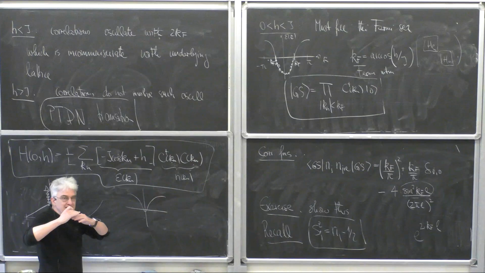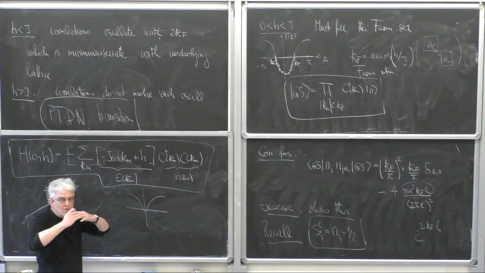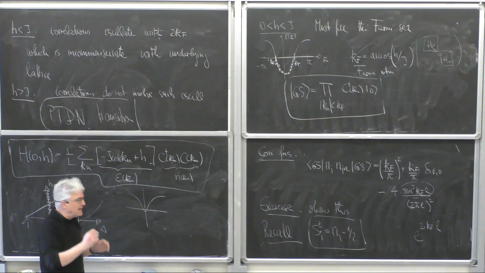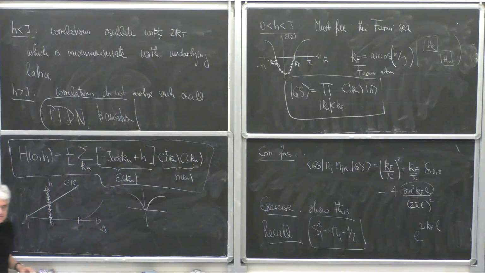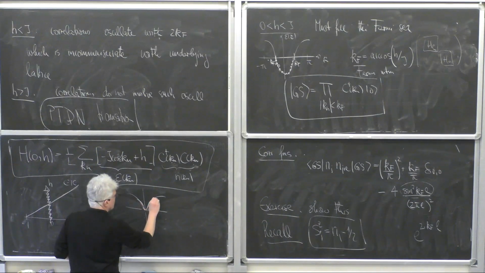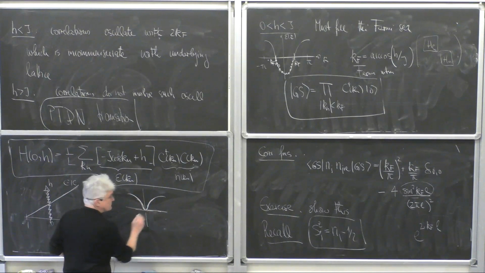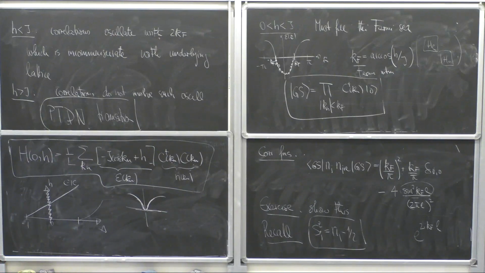So the Fermi sea becomes shallower and shallower and shallower until at the transition point you empty it out, and you're dealing with a non-relativistic theory, so with a quadratic dispersion, that is gapless.